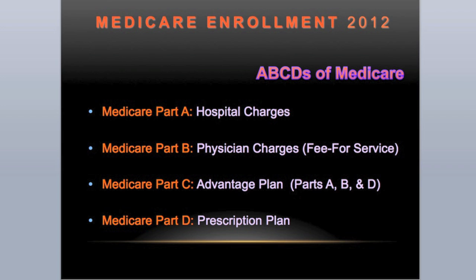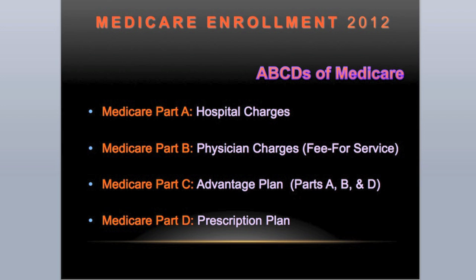Medicare Part B pertains to physician charges. When you visit a doctor's office, when you get a physical examination, or you get a blood test done, or you get an x-ray or an ultrasound done, these charges are submitted to Medicare Part B. Medicare Part B also has an annual deductible, and Medicare approves certain charges which are called the allowable charges.